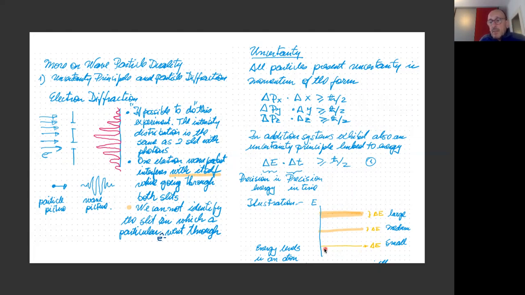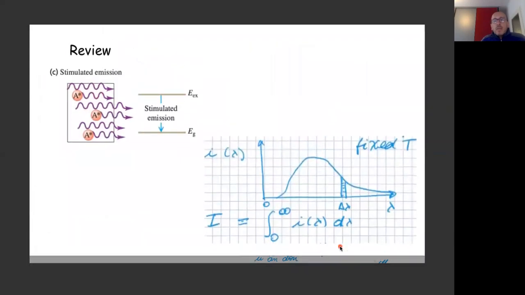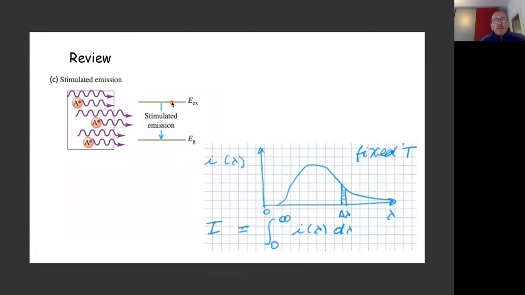And in this particular case, when we have a very narrow line defining the energy of a state, this means that this state is going to live a long time, okay? So when we were looking at this type of process, we were describing that for a laser to work, you need the excited state to be long-lived.